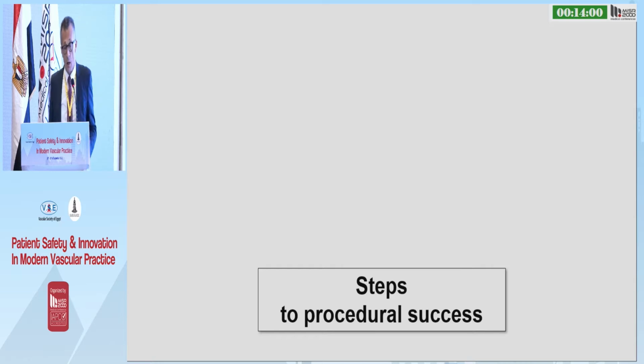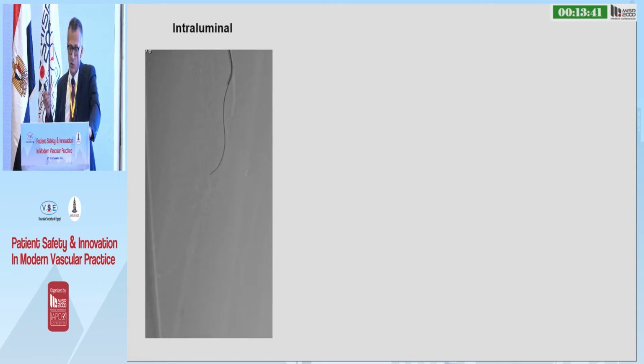In this part of my presentation, I would like to underline the most important steps that we have to keep in mind when we use this device, in order to improve its safety and effectiveness. The first thing is that we have to cross the lesion in an intraluminal way.